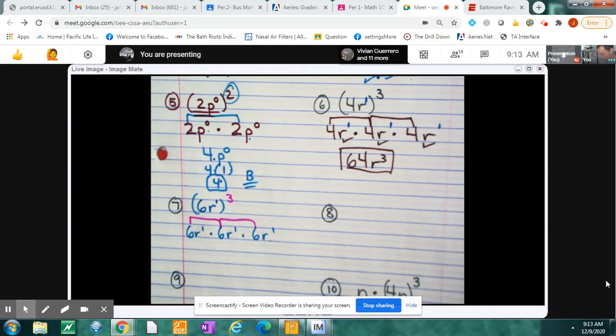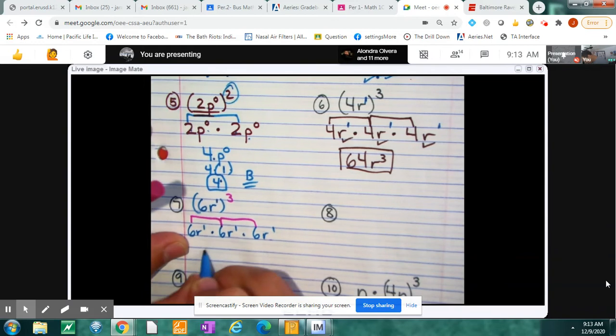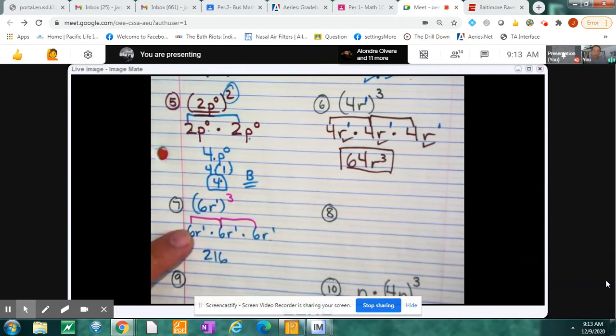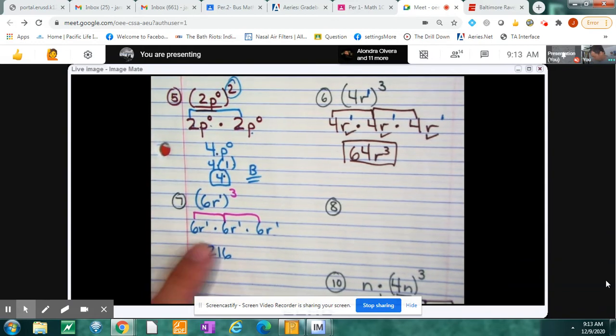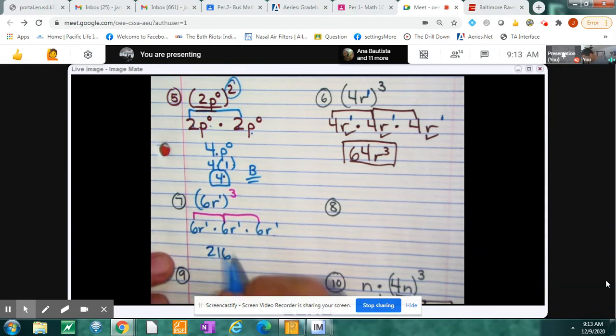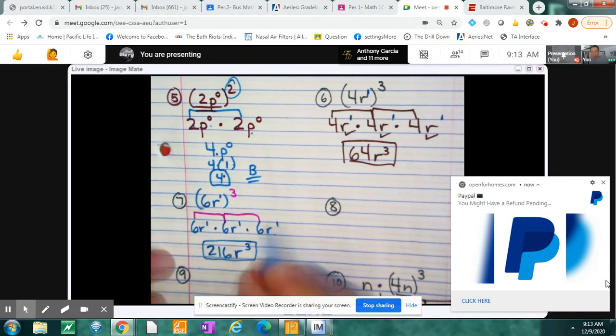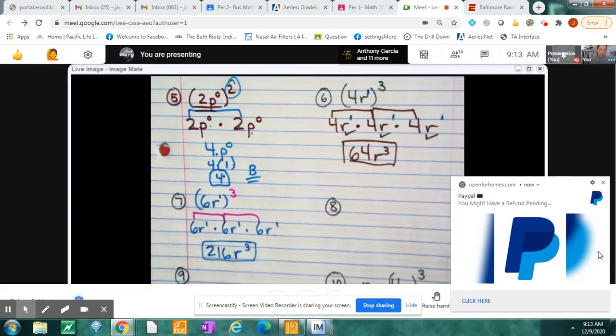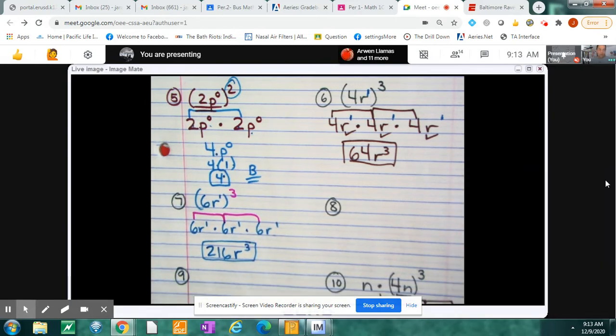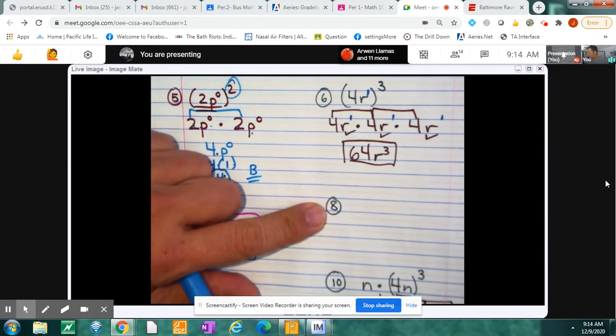Thank you, Eli. 216. So 216, and then how many r's are there? 1, 2, there's 3. So I'm going to put r to the 3. Okay? r to the 3. Okay? So then number 8.